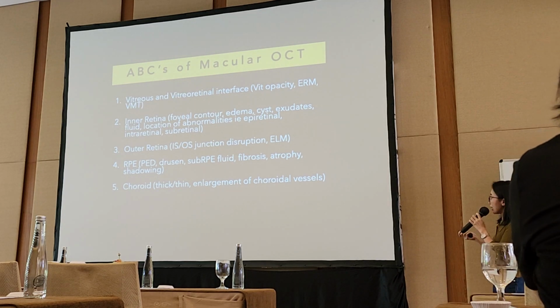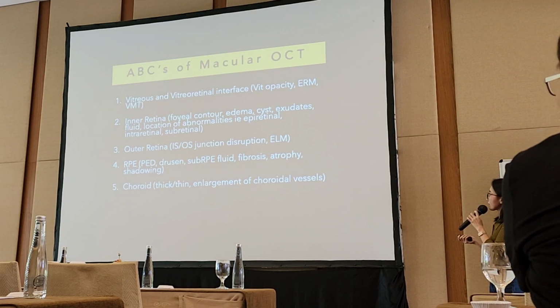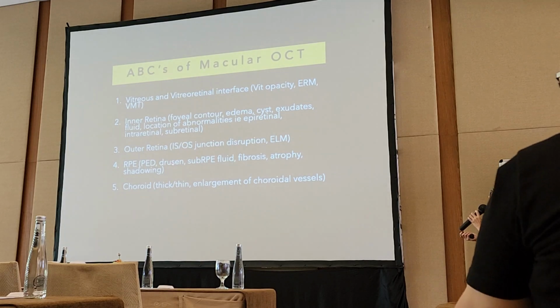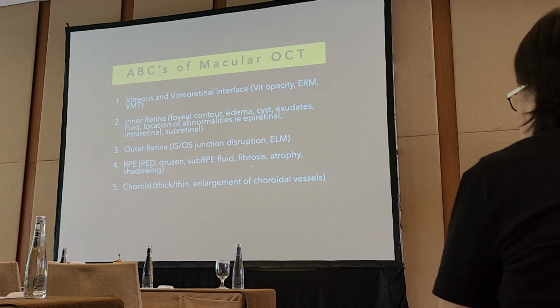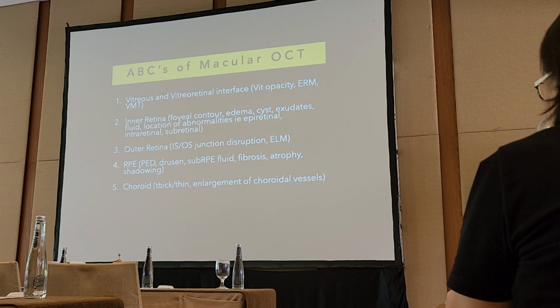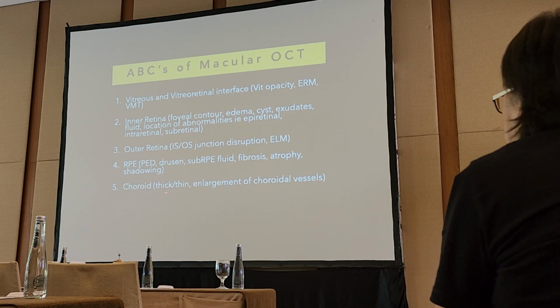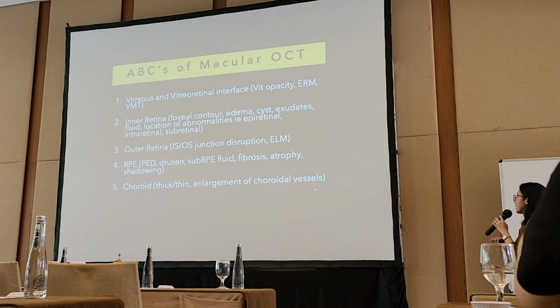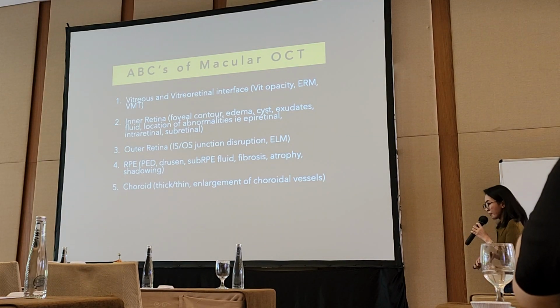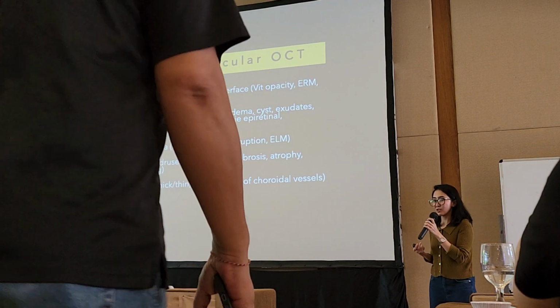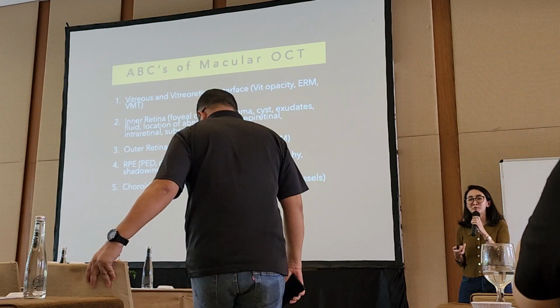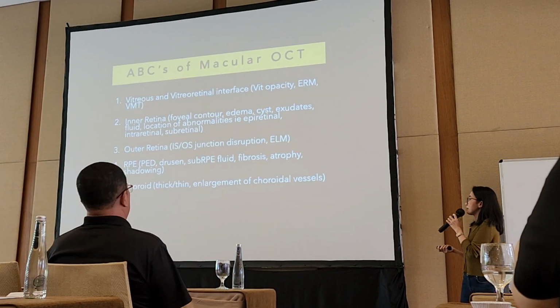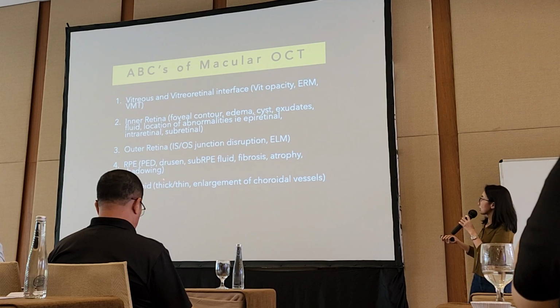And we go down to the RPE, whether there's a PED, drusen, sub-RPE fluid, fibrosis, atrophy, or shadowing. And then the last one is the choroid. Whether the choroid is thick or thin, or whether there's enlargement of choroidal vessels. So there has been this new diagnosis, we call it the pachychoroid spectrum disease, where the main pathology is in the choroid.